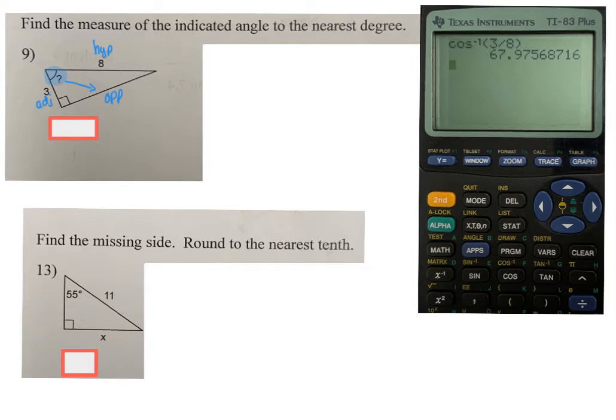So then I'm going to look and see which sides I have numbers for. I have numbers for adjacent and hypotenuse. So I will be using my cosine function here because cosine deals with adjacent over hypotenuse. So I would say then that the cosine of the angle that I'm looking for, let's say angle A, is going to equal the adjacent side 3 over the hypotenuse side 8.